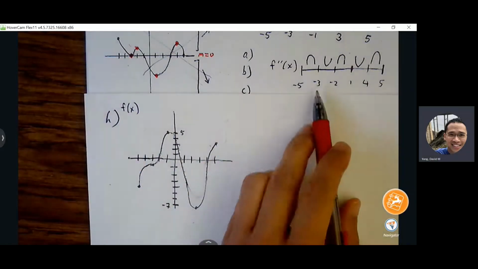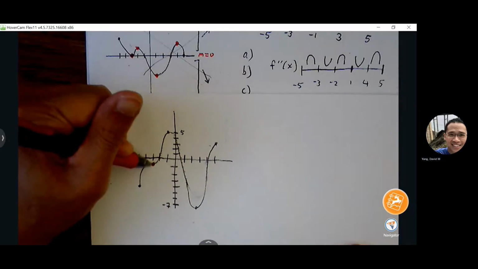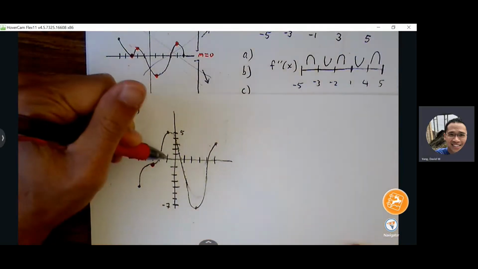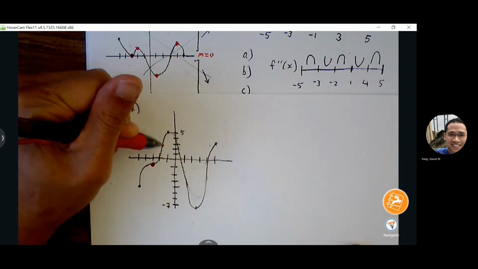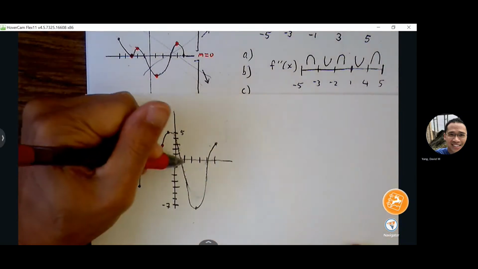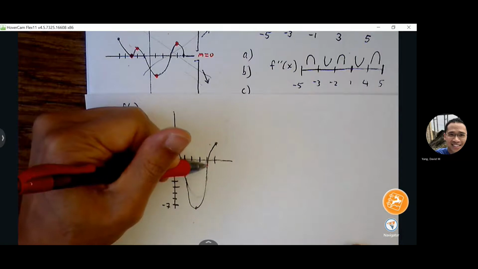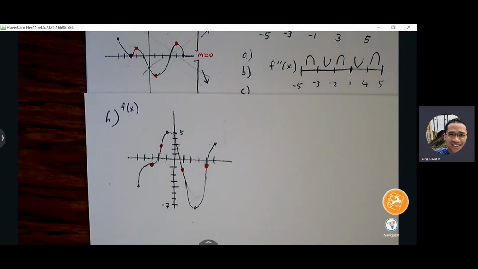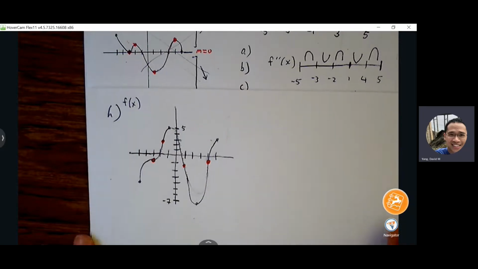Just wherever it lands at -3, just highlight that point. -2. 1. 4. So between each of those highlighted points, I want to force a change in curvature, make it a little bit more exaggerated so I can see it.